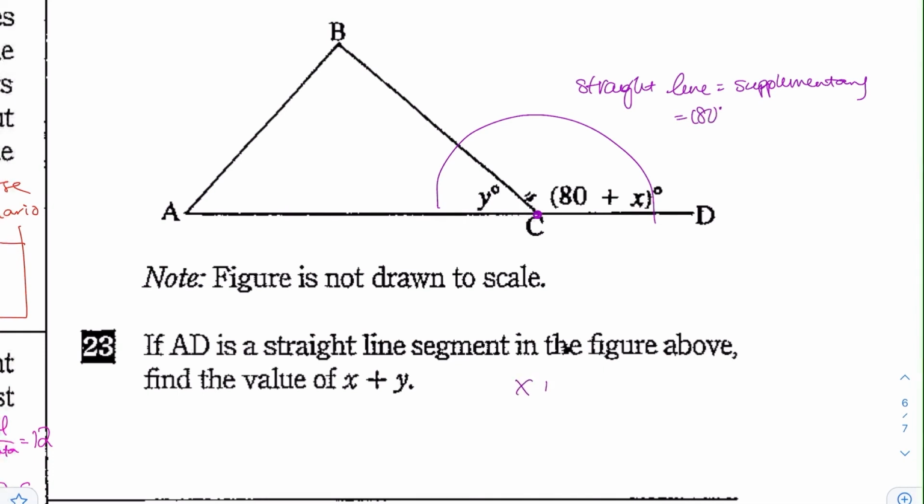So that means that x plus y plus 80 is equal to 180 degrees. Here you can subtract 80 from both sides and get that x plus y is equal to 100. Now you don't know what x and y are individually. You can't actually solve for them. You have one equation and two variables, but you can solve for the sum. The sum always has to be 100.